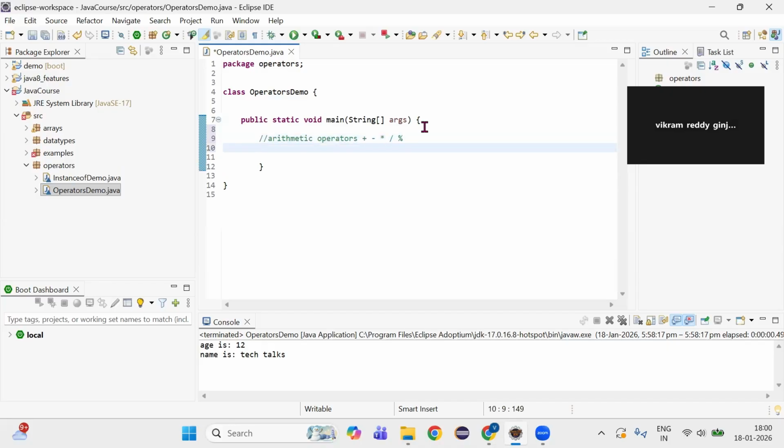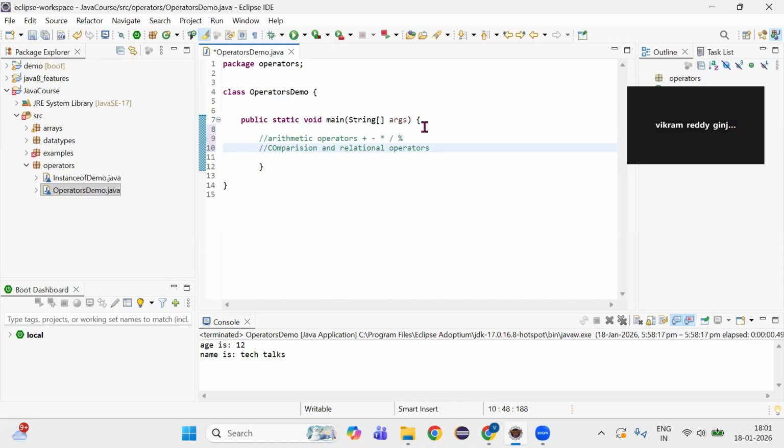And the second type of operators we have is relational operators, comparison and relational operators. By the meaning of the name itself, it says that we are going to compare the given operands. In general, what type of comparison operators will we have?